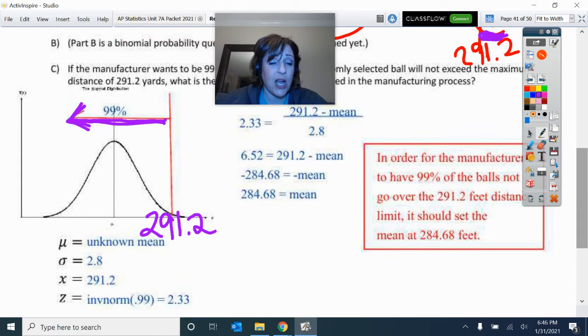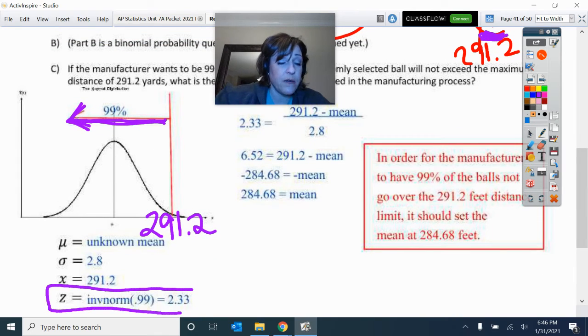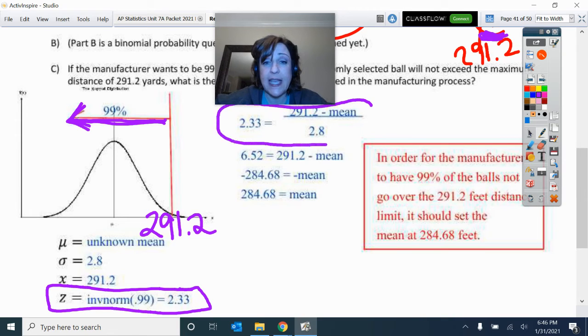So that's how we get our z-score for that, inverse norm of 0.99. We then can fill in this equation, and the question asked what should the mean be? And so we go through the math. So there's where they should calibrate the machine to, to set the mean so that 99% of the golf balls will not exceed that limit.